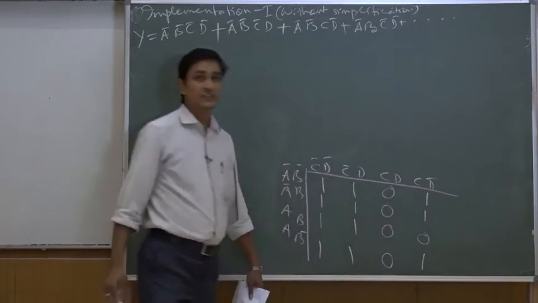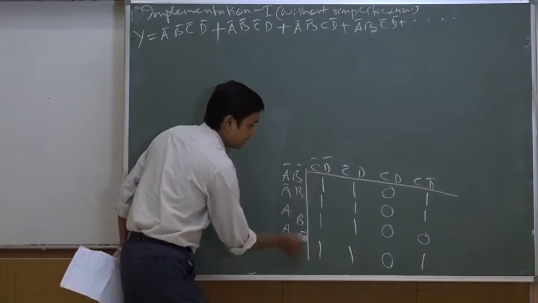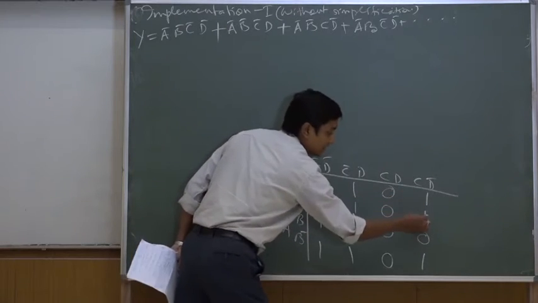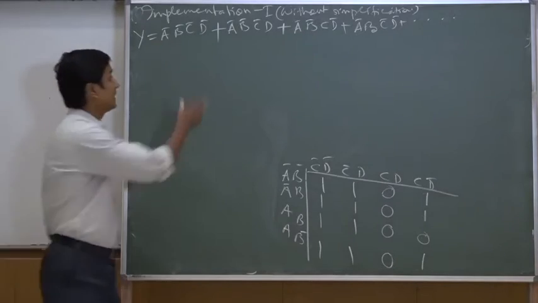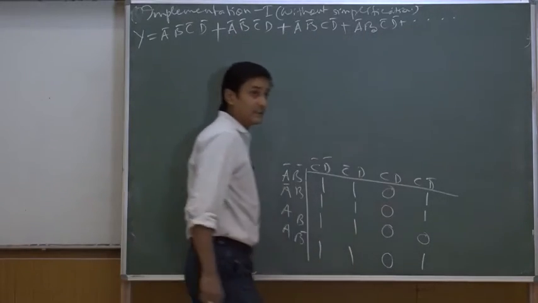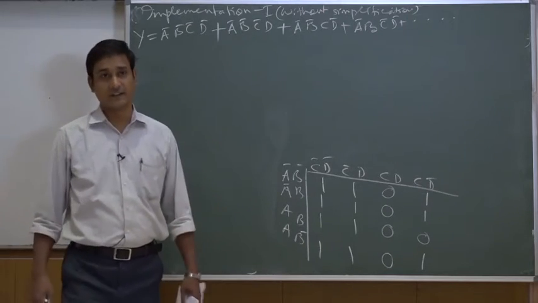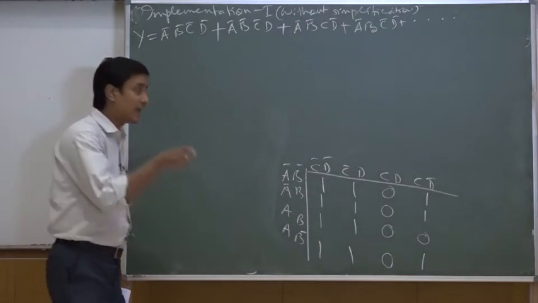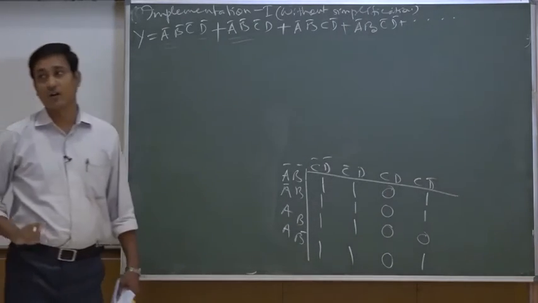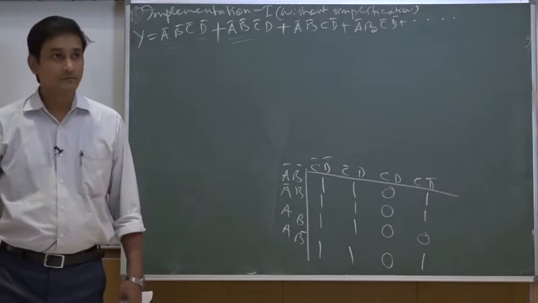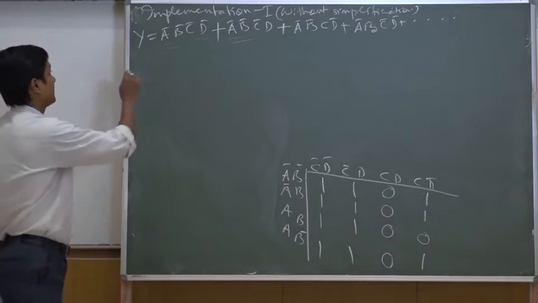Continue. How many terms will come? I am finding here 8, 9, 10, 11 terms, and they are to be ORed. In between, while ANDing, you need 4-input AND gates for all. Is it not? Now, let us go for another implementation.